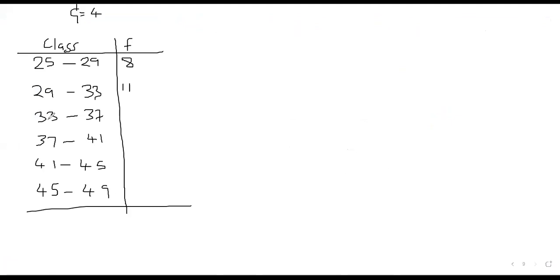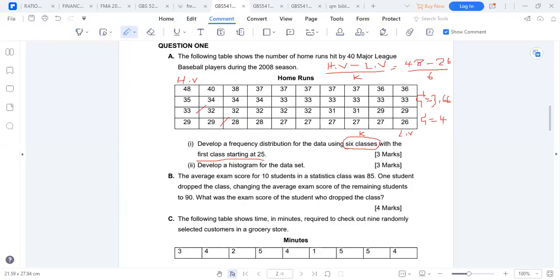No. This is 33 to 36, all right? Let's count. How many are they? 33 to 36. 1, 2, 3, 4, 5, 6, 7, 8, 9, 10, 11, 12, 13. So we have 13. So put 13 there.